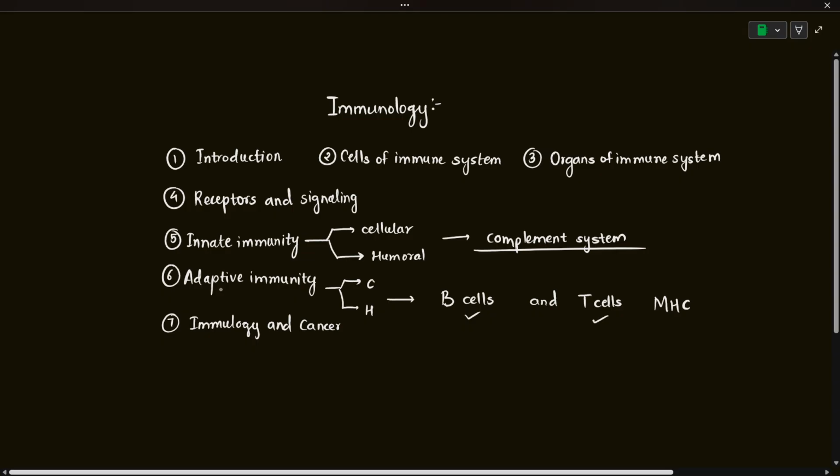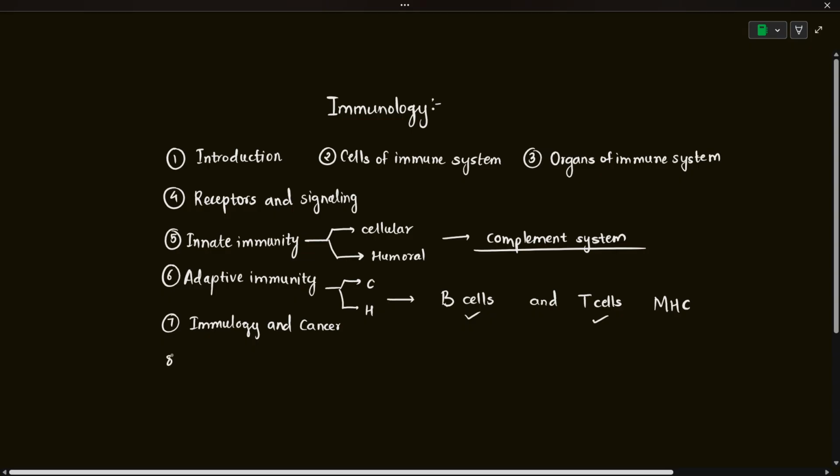In the same way, in the immunotherapeutic treatments, we are going to train our immune system how to evoke the immune responses against the tumor cells. So we will be discussing how immunotherapeutic treatments are used for the treatment of cancer and for avoiding tumor progression.